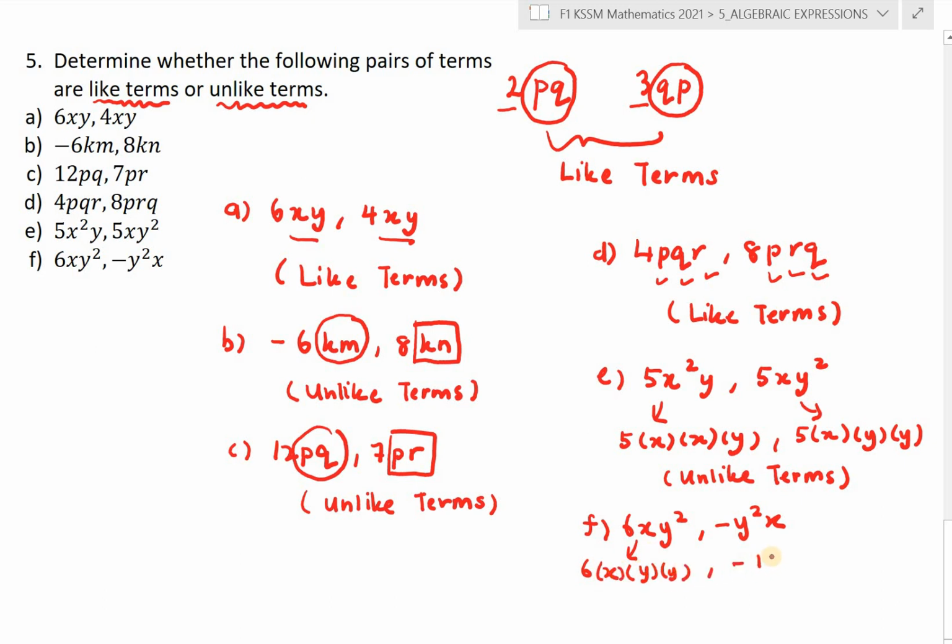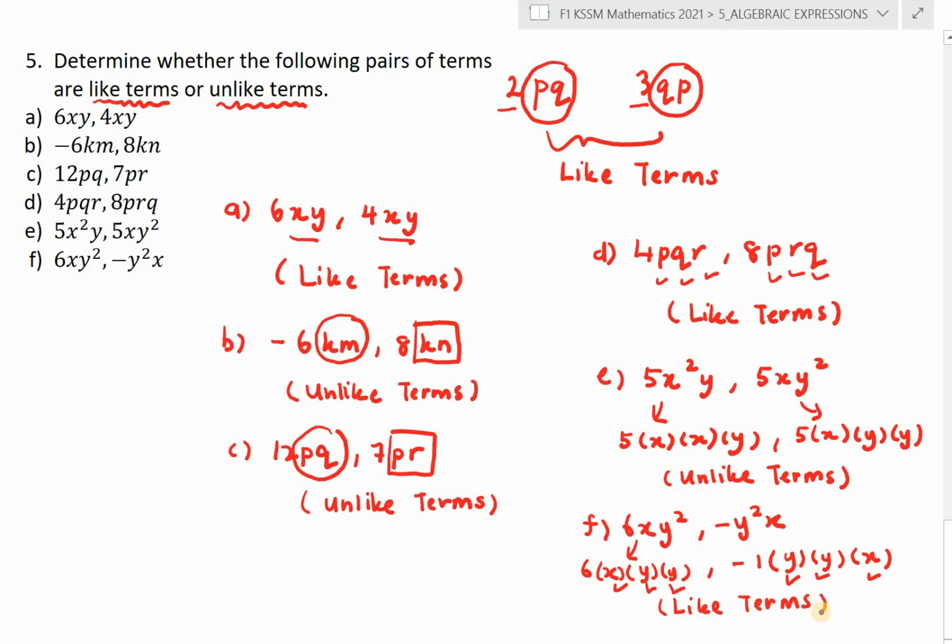Yang ini pula negatif 1 darab dengan y tu ada 2. So, kita tengok dekat sini. Okay, ini ada 2y. Ini pun ada 2y. And then dia ada 1x. Jadi, dia adalah sama. Bila sama, maka dia adalah like terms.